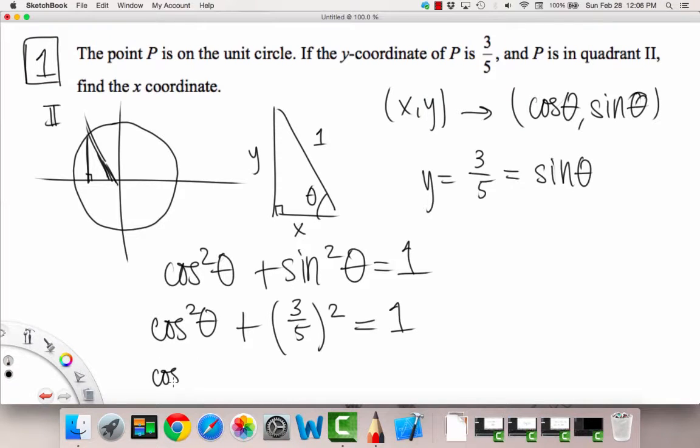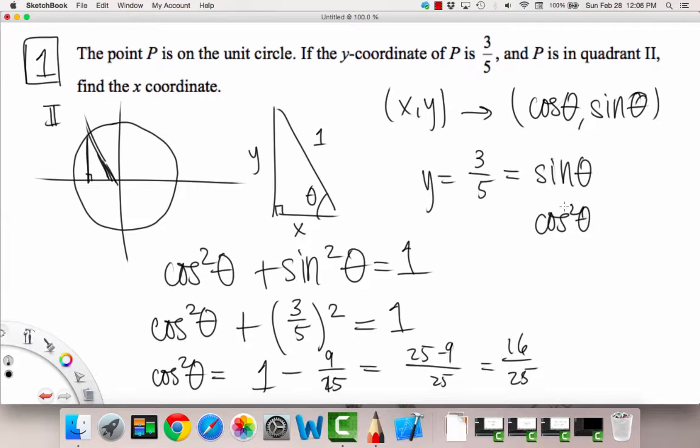Then cosine squared theta is equal to 1 minus 9 over 25, so that's 25 minus 9 over 25, which gives us 16 over 25. So now we're at cosine squared theta is equal to 16 over 25.